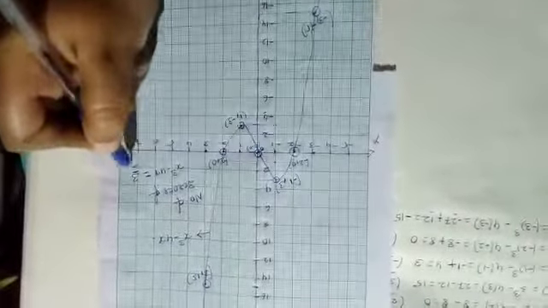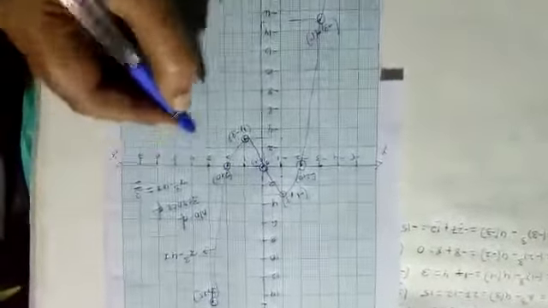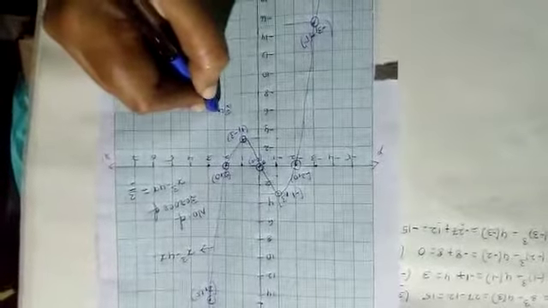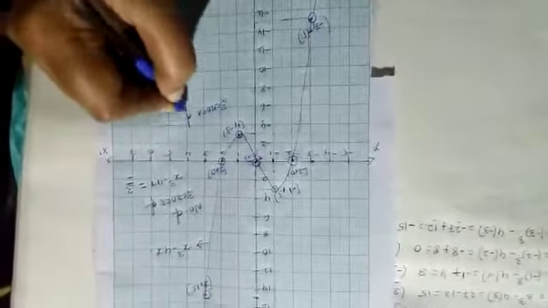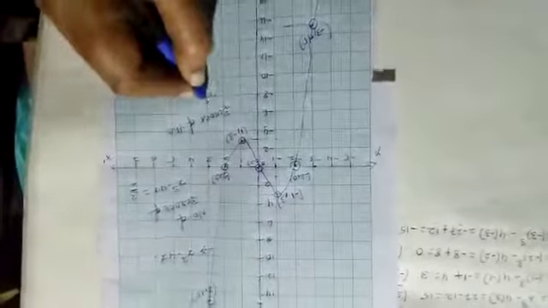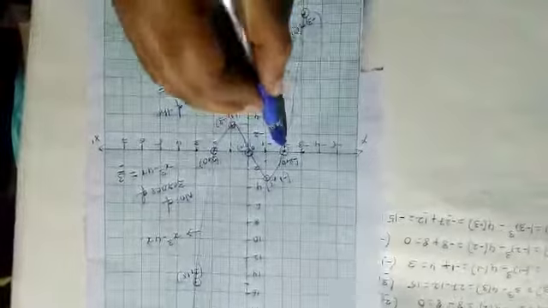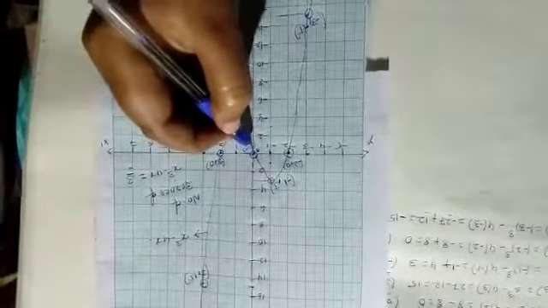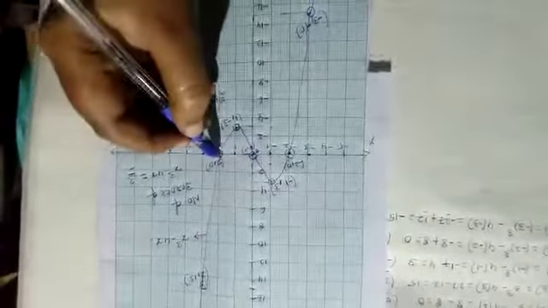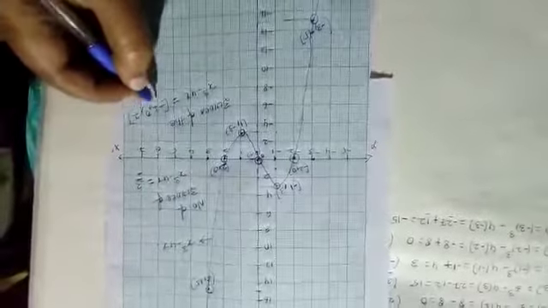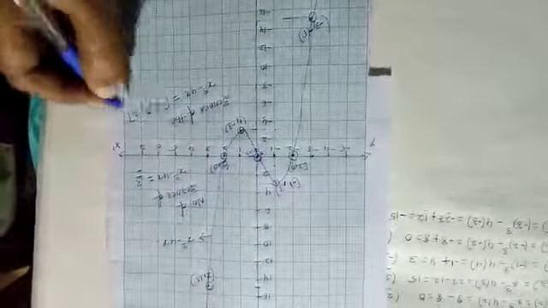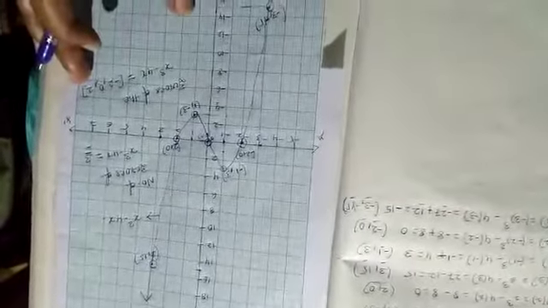So the number of zeros is 3, and the zeros of the polynomial x cube minus 4x function are where this graph touches: minus 2, 0, 2. Okay, this is the cubic polynomial that has 3 zeros.